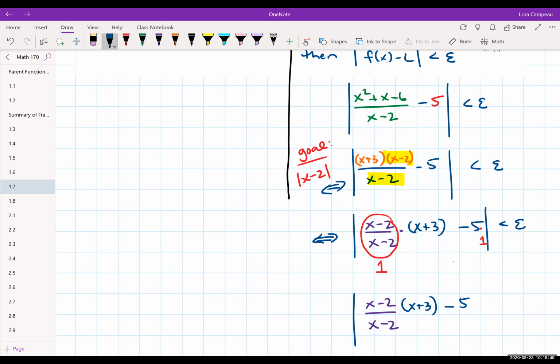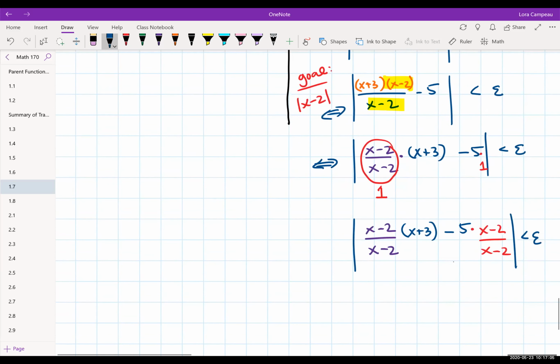So we wouldn't change the 5 if we were to call it 5 times x minus 2 over x minus 2, because that is still the number 1 right there. And this is the justification of why I'm able to pull this out of the entire absolute value. So let me see if I can rewrite it for you a little bit nicer.